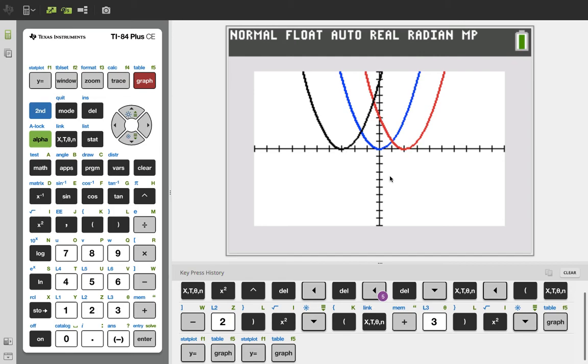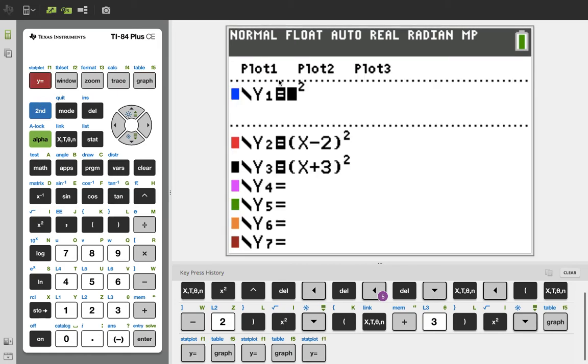And so the reason this happens is because when I plug 0 into x squared, I get 0. But I'd have to plug 2 into x minus 2 squared to get 0 because this is subtracting 2 first. So I'd have to put 2 in, which is 2 to the right. And I'd have to put in a negative 3, which is 3 to the left, to get my 0 back.